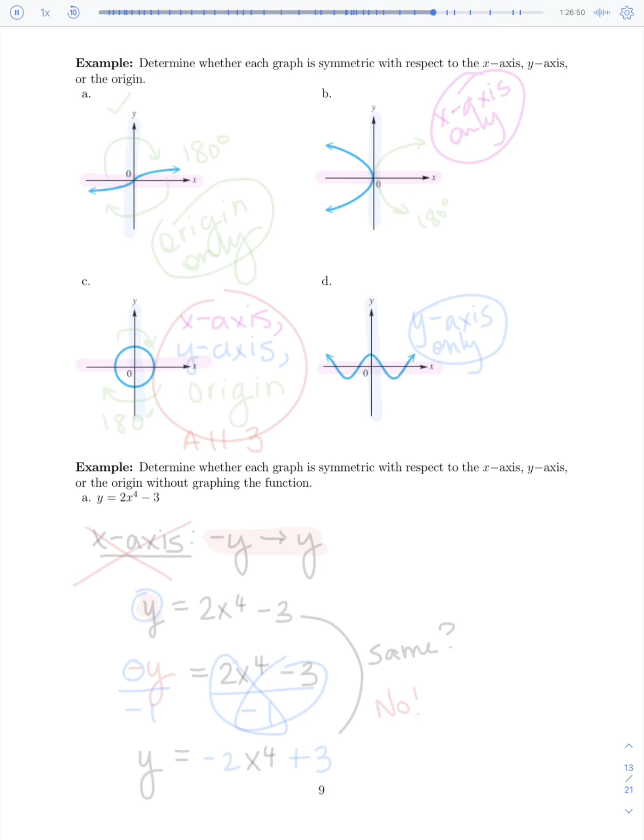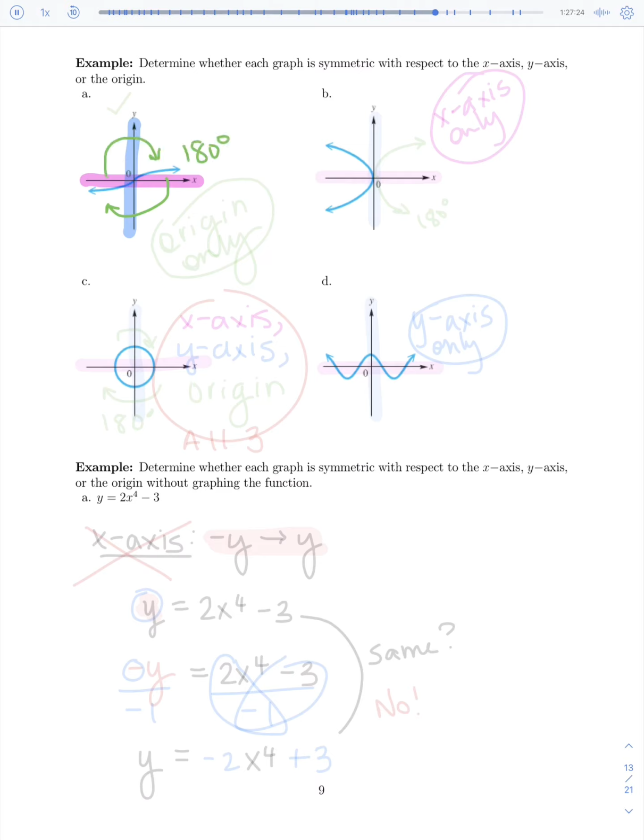So in A, what we notice is if we cut it along just the x-axis, the pictures are not the same above and below. So there is no x-axis symmetry. If we cut it along the y-axis, we don't get the same pictures on the left and right. So again, there is no y-axis symmetry. However, if we rotate the graph by 180 degrees, what was above will flip below, and whatever was below will flip above.